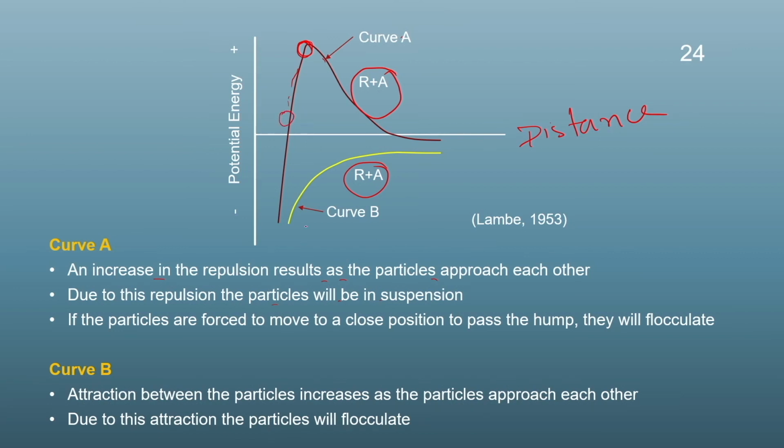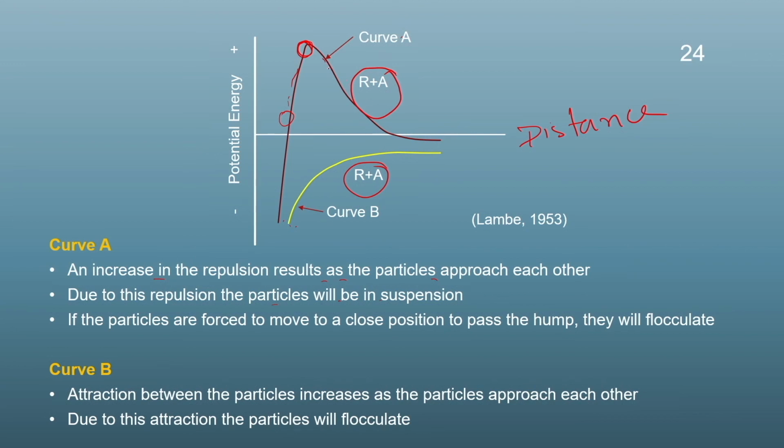In case B, which is represented by curve B, the attraction between the particles increases as the particles approach each other, and the particles will flocculate together and they will settle down. So, these are the two scenarios.